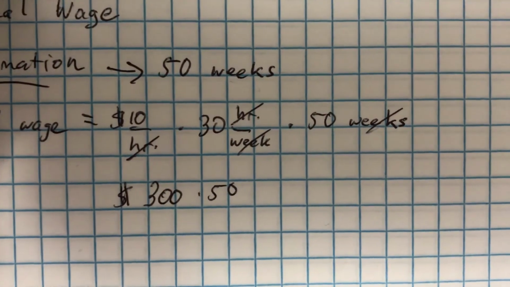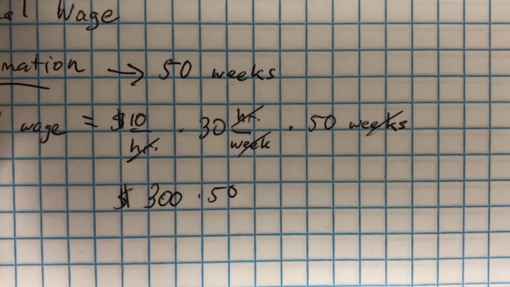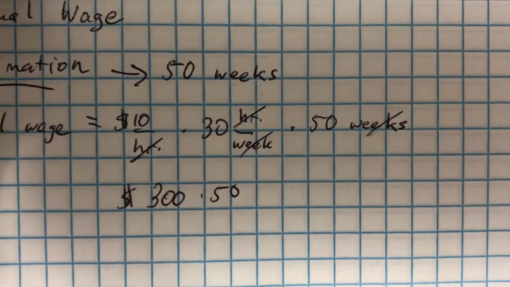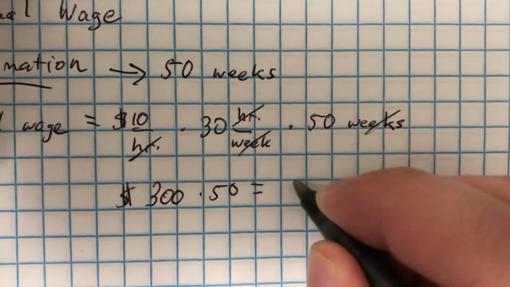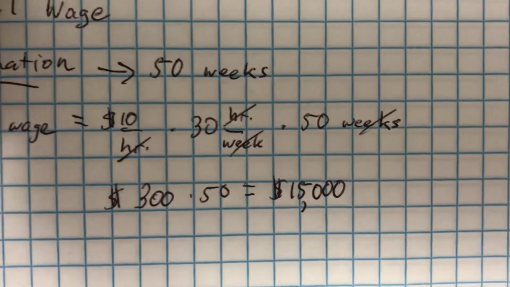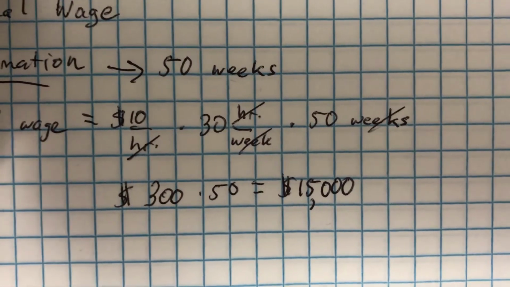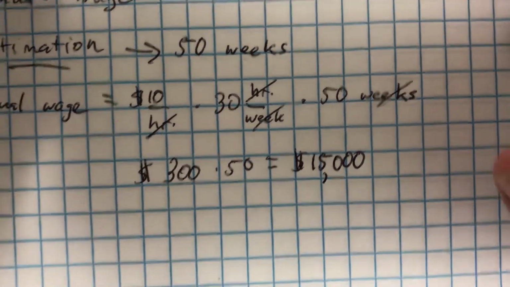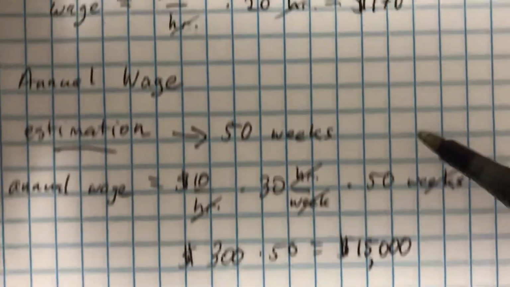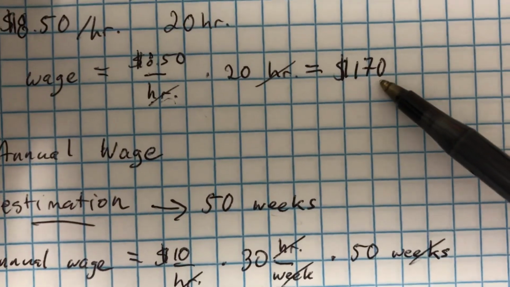So then in the year, if I did this job all year round, I'd make about $15,000. Okay, that's not bad for a part-time job, but you've got to think, sometimes that's not enough to live off of.